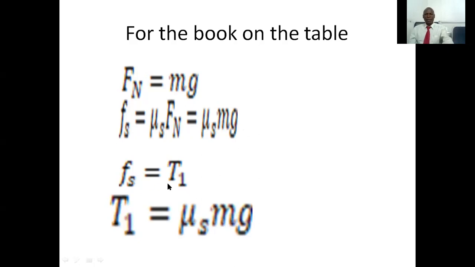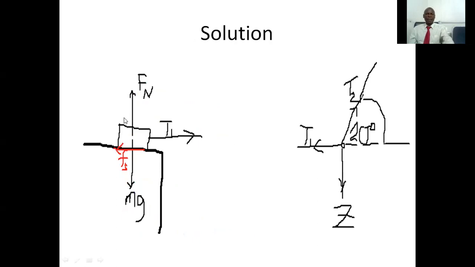And we note that, as I indicated earlier, since this book is not moving, the frictional force will be equal to the tension T1, because these are the only horizontal forces. So this force which is pulling it to the positive x-axis should be equal to the friction between the book and the table.